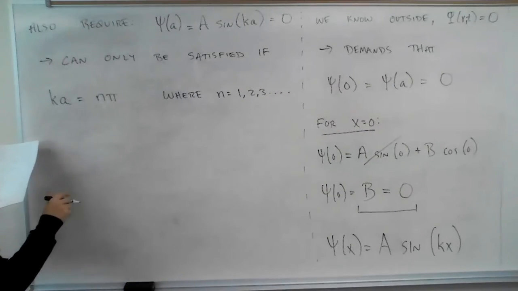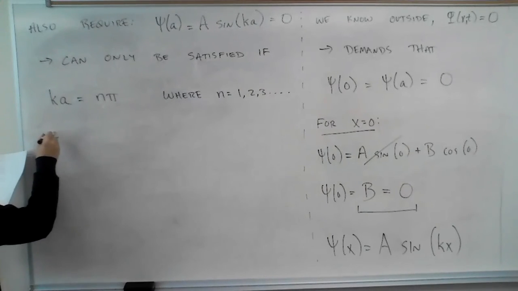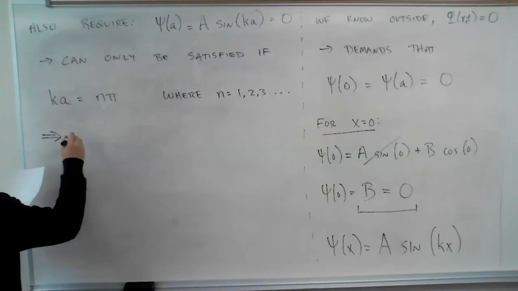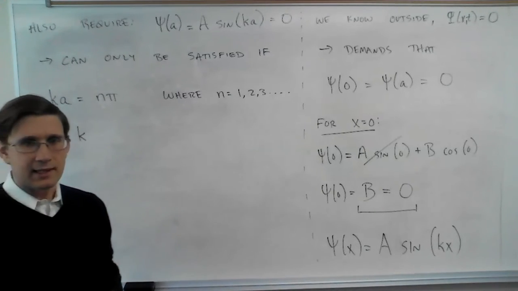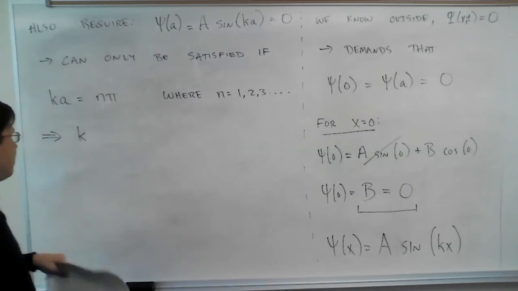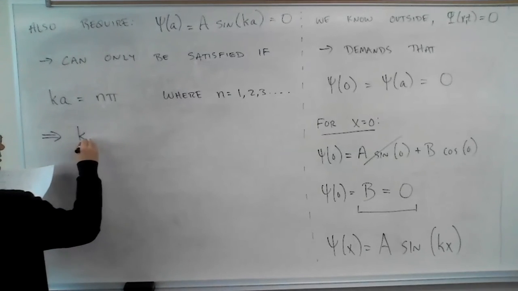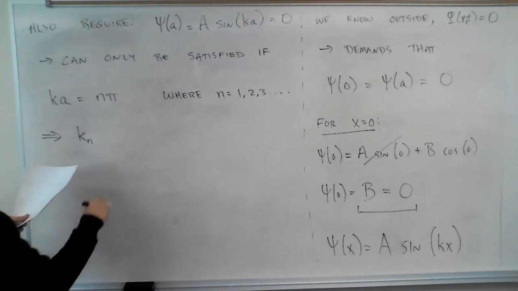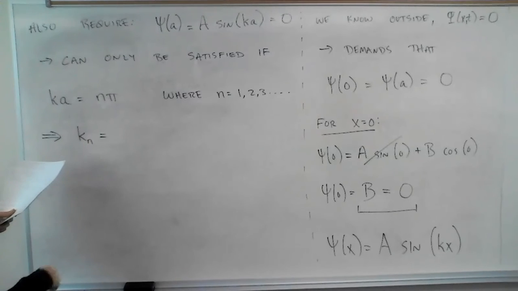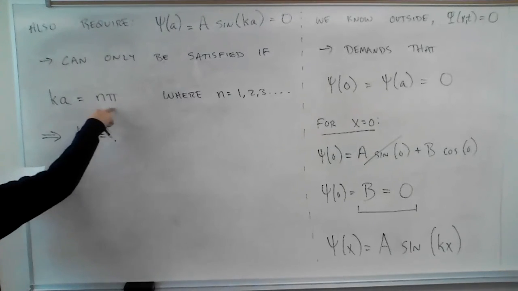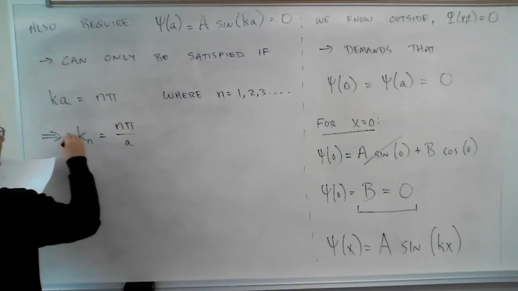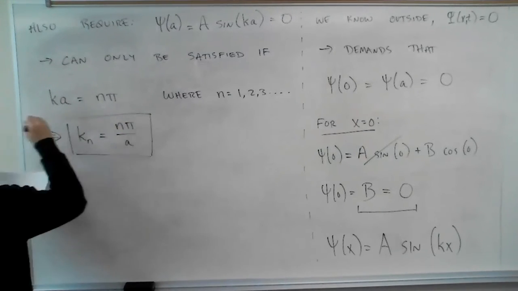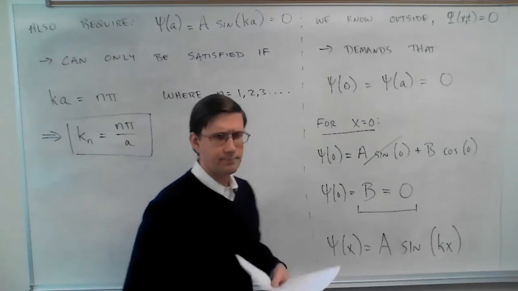And so if this is true, then what it really implies is that this k can't take on any arbitrary value, but it has to take on very discrete, specific values that are indexed by a number n, and we say that k sub n, by this equation, is equal to n pi over a.